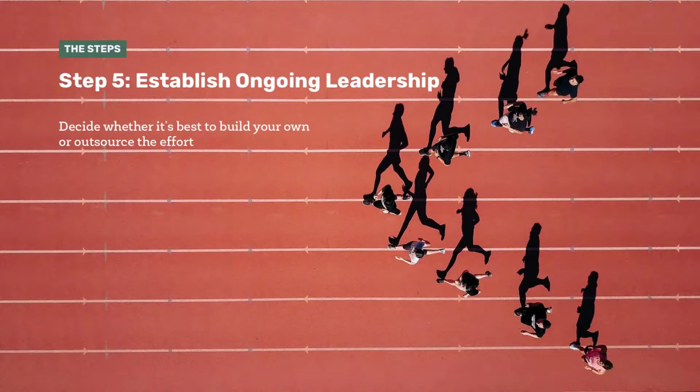Step 5, we've identified as establishing ongoing leadership, and really here it's talking about once the framework is in place, you have to decide who is going to lead the implementation. Will your team be comprised solely of internal team members, or will you outsource different initiatives or tasks to an outside group?